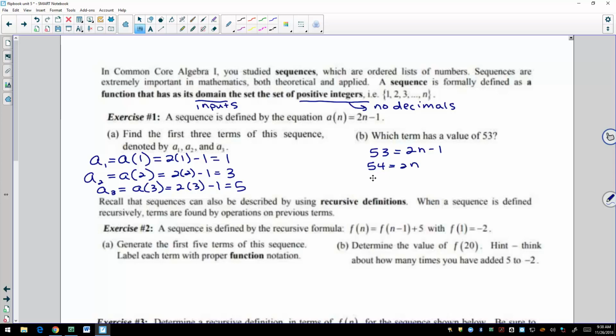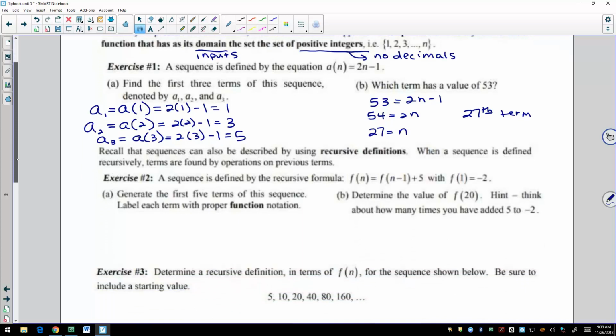And then divide the 2 over, you get 27. Well, since n is also the same as the term, notice over here when we inputted 1 for n, that was our first term. When we inputted 2, that was our second term. So that means it would be the 27th term. So if you plugged in 27, it would give you 53.